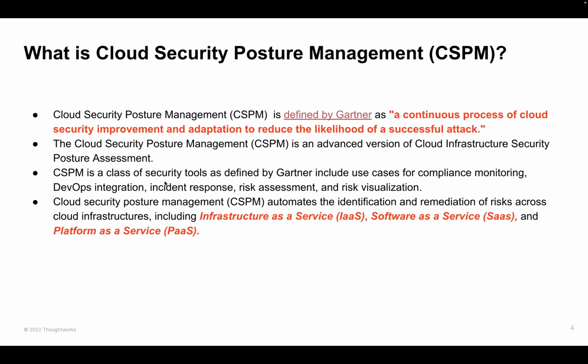CSPM is a class of security tools, as defined by Gartner, including use cases for compliance monitoring, DevOps integration, incident response, risk assessment, and risk visualization. When we create cloud resources, we always try our best to keep the best security standards, like the standard for S3 where we get most of the benefit.